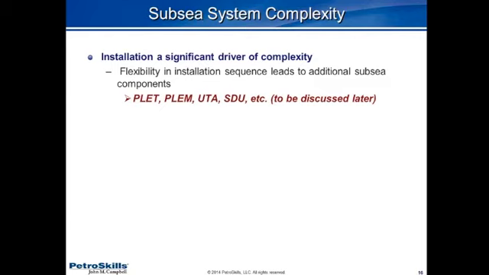Listed here are pipeline end terminations, manifolds, the umbilical termination assembly, subsea distribution units and such that are components that allow the interconnection of trees and manifolds and pipelines and umbilicals on the seabed.